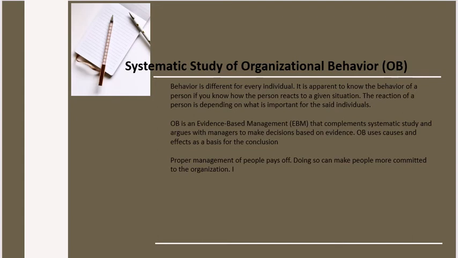The reaction of a person depends on what is important for the said individual. OB is evidence-based management, or EBM, that complements systematic study and urges managers to make decisions based on evidence. OB uses causes and effects as a basis for the conclusion.